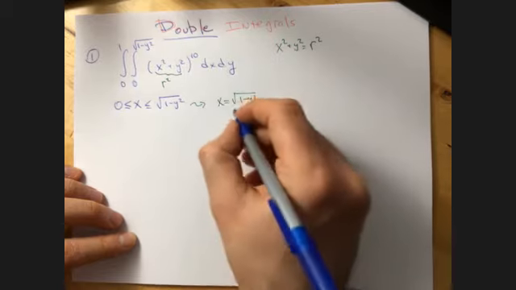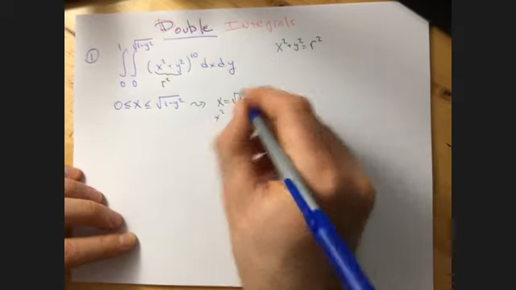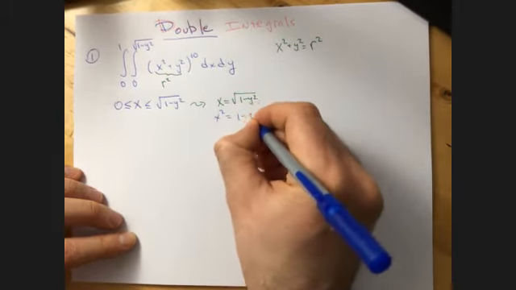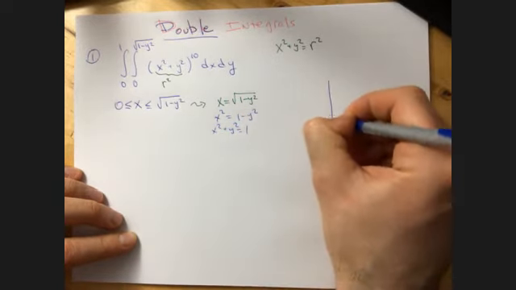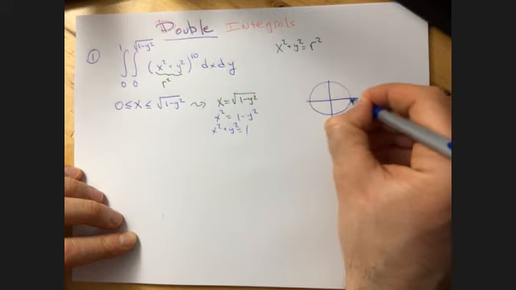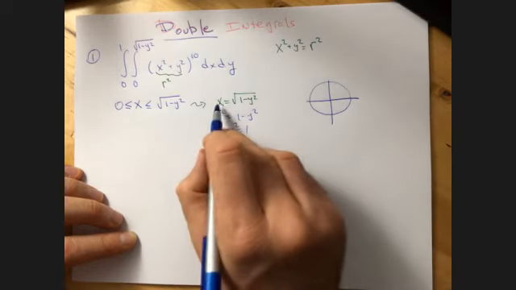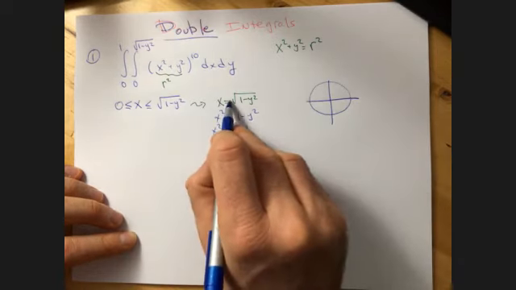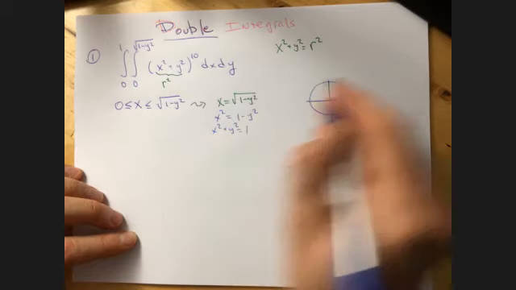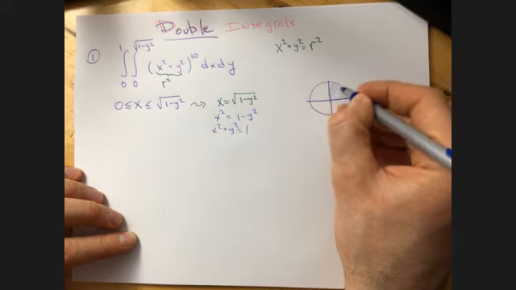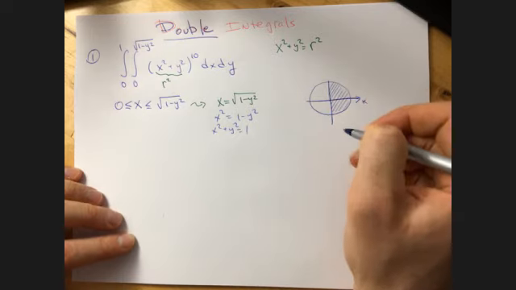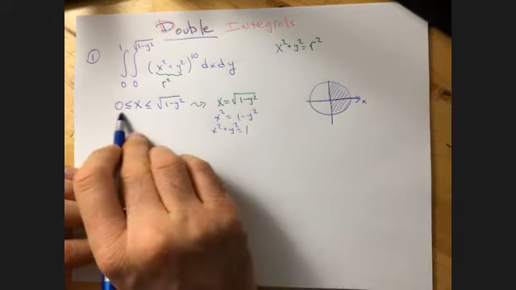Square both sides, you have x squared is equal to 1 minus y squared. X squared plus y squared is the equation of the unit circle. But here, as x is the positive square root of 1 minus y squared, that means only the positive values of x, so only this semicircle. So that's given only by the first bound.